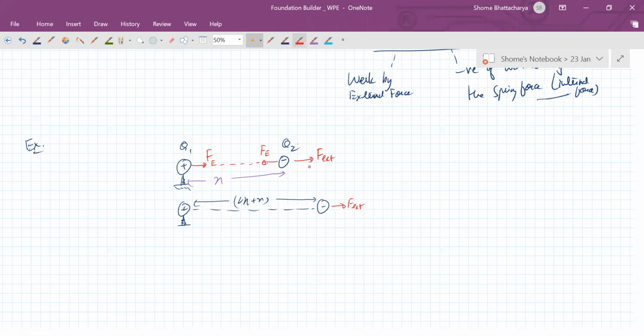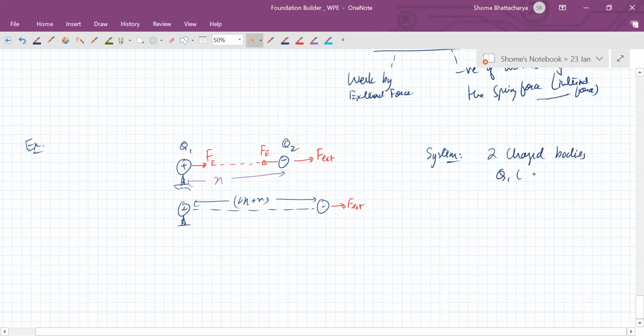Okay. So if we take the system as the system of two charged bodies, Q1 which has some positive charge and Q2 which has some negative charge, and the state of the system is changed, that is, the distance between them is changed from x to x plus delta x.